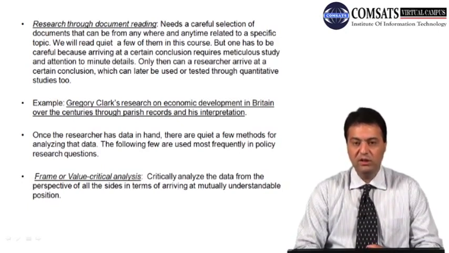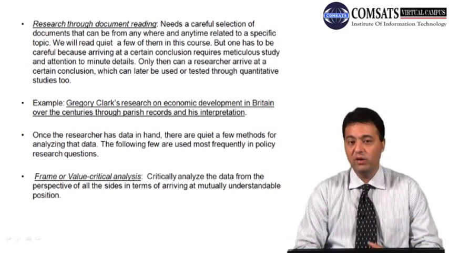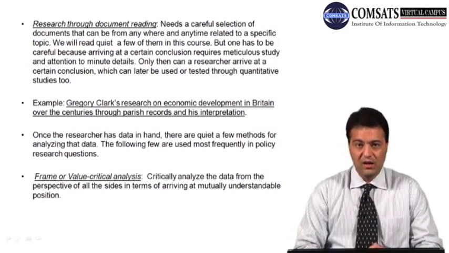They have preserved it very well. So Gregory Clark, what he did was that he took out the record of births by family and tried to understand what happened to generations over time.